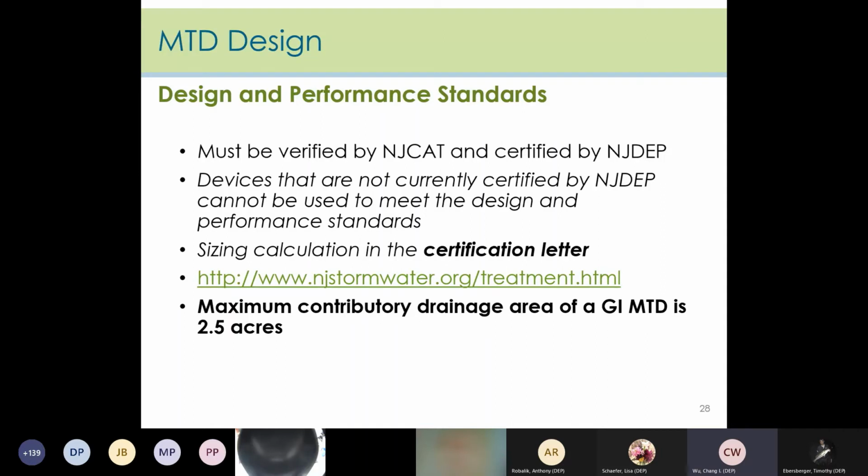For the sizing calculation, you have to follow what is in the certification letter. And for the GI MTD, this is a new requirement: there is 2.5 acres for the maximum contributory drainage area.